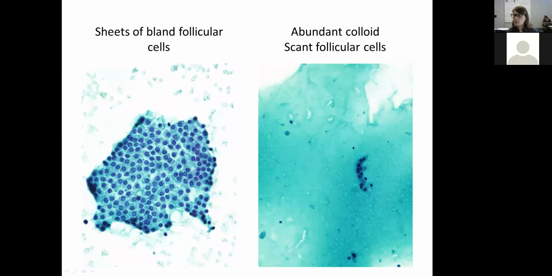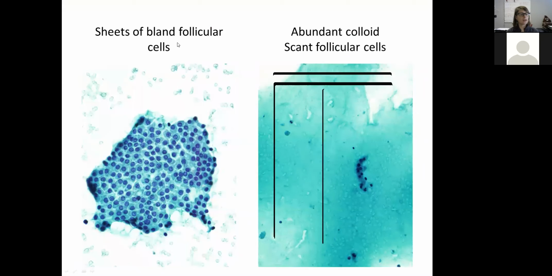If you don't mind, I'm going to have you participate in some polls for what you think might be the most likely Bethesda category. I'm not going to test you on non-diagnostic, but we will go through the others. This is an example of a patient who has a sheet of bland follicular cells, almost like very evenly organized bricks.